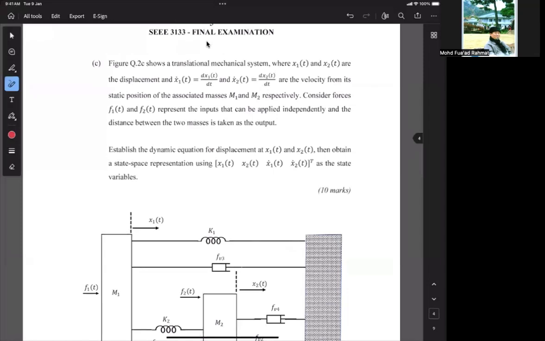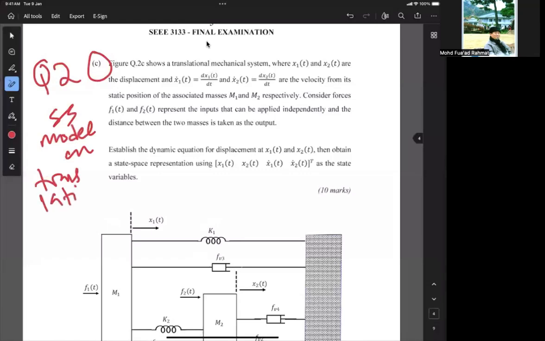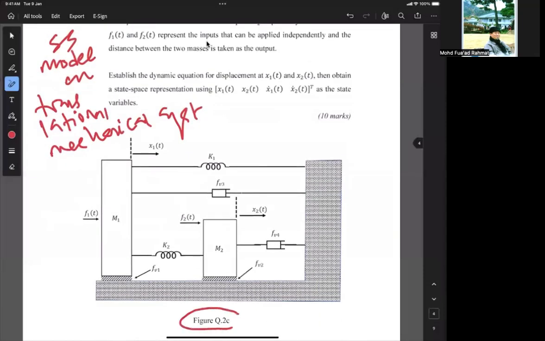Continue with question 2C. This is a state space model of a translational mechanical system. You are given this system in figure Q2C, where you have two masses, M1 and M2.